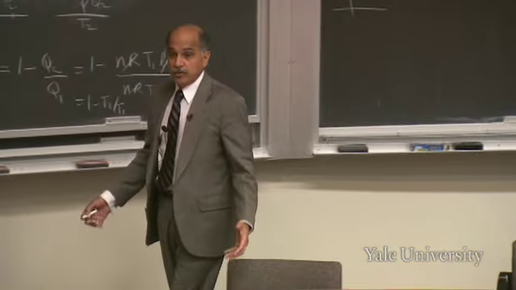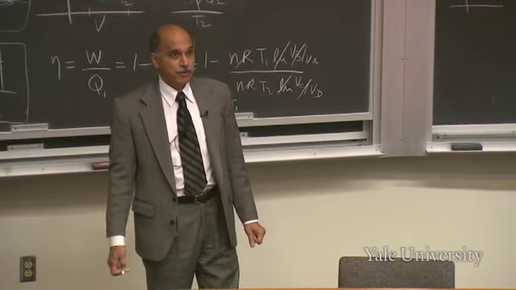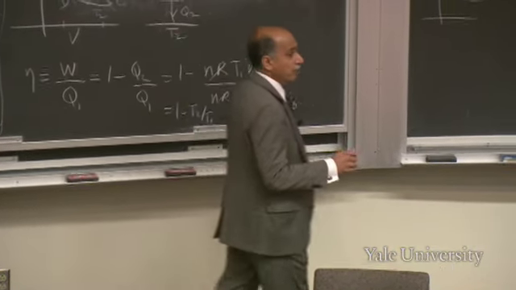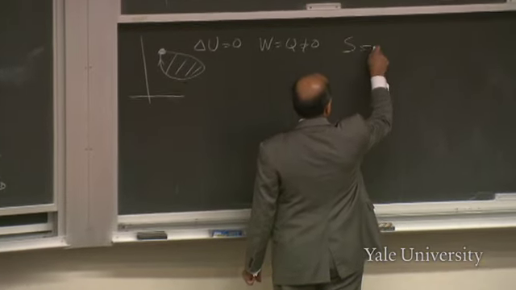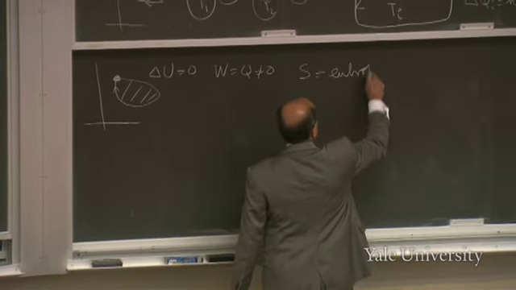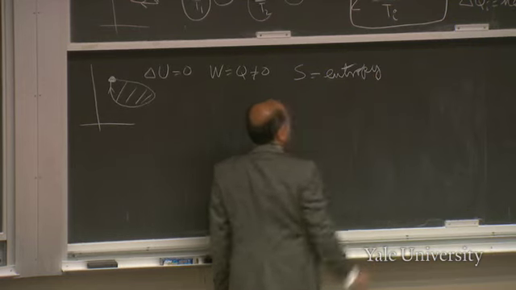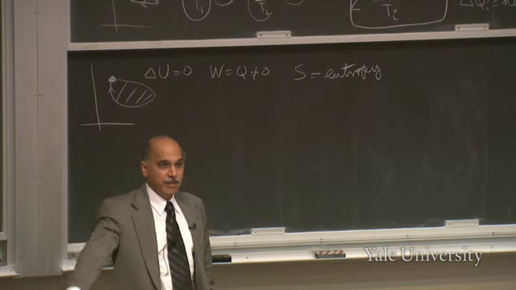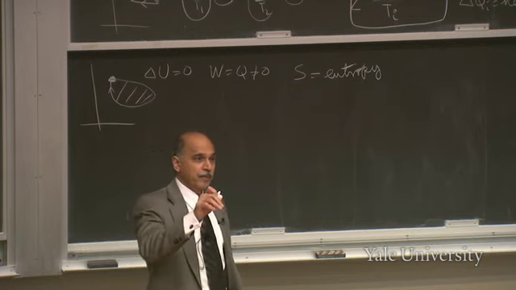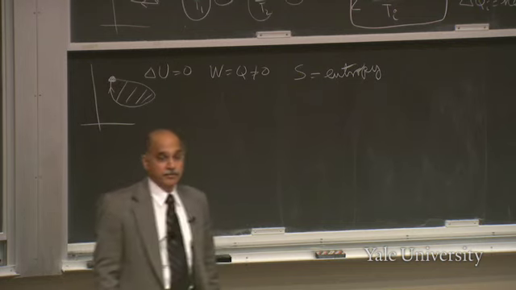So there's no unique Q associated with that point. But there is a new unique quantity S called entropy, which has a fixed value at a given point. And if you go for a little loop in the PV diagram and you come to the same point, S will return to the starting value.